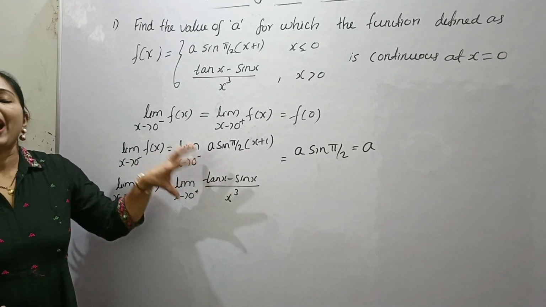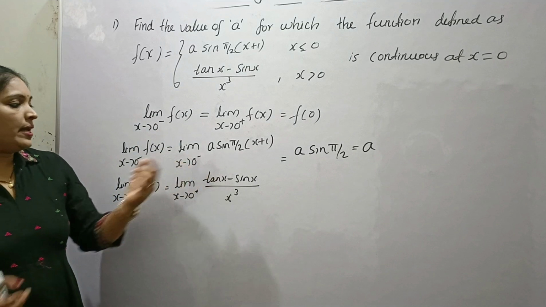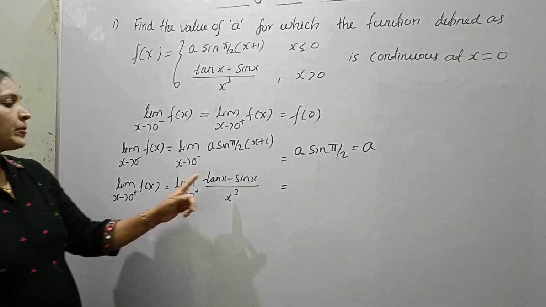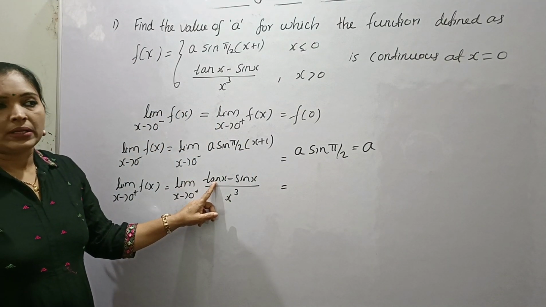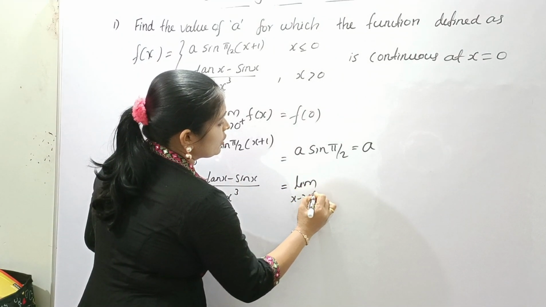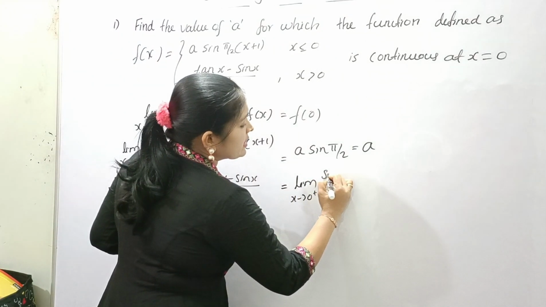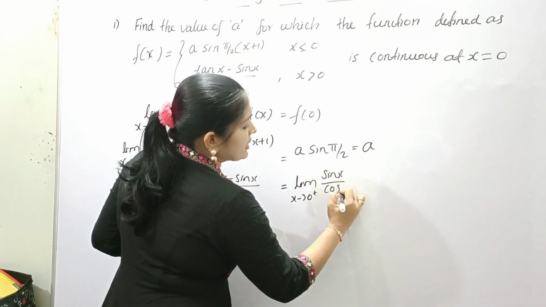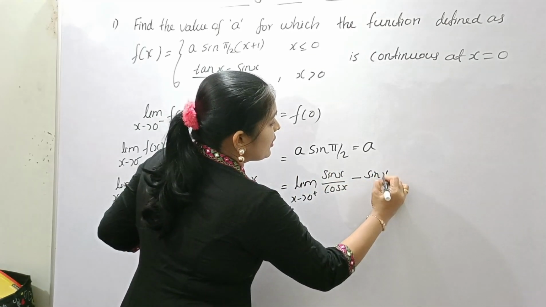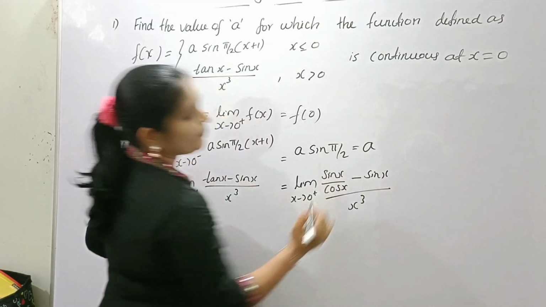So for that we have to simplify. Let's simplify. Tan x can be written as sin x divided by cos x, so we have limit x tends to 0 plus of sin x divided by cos x minus sin x divided by x cube.